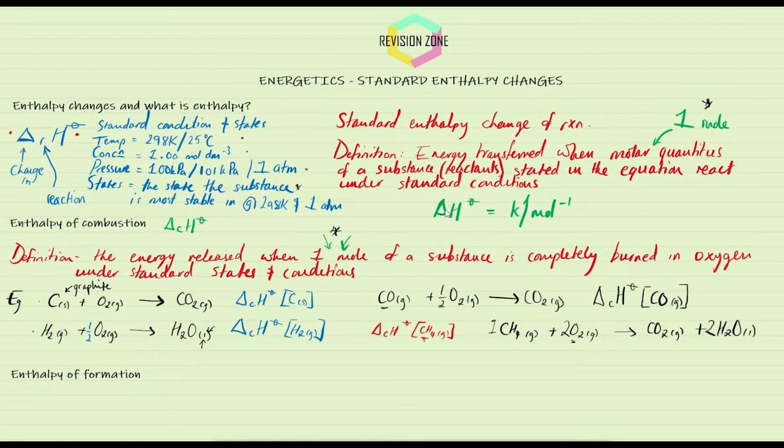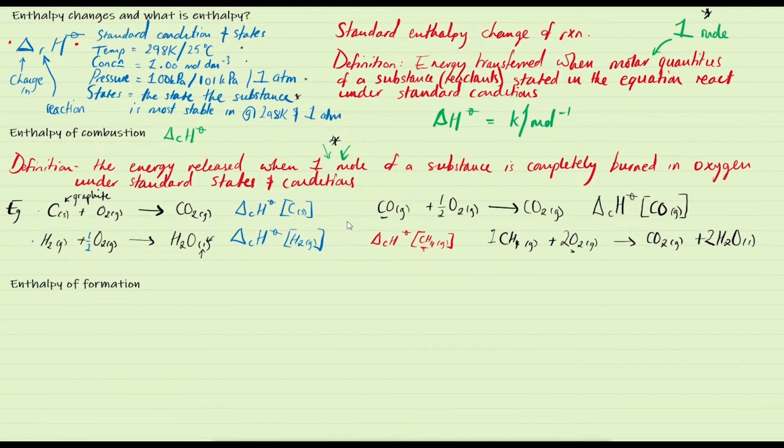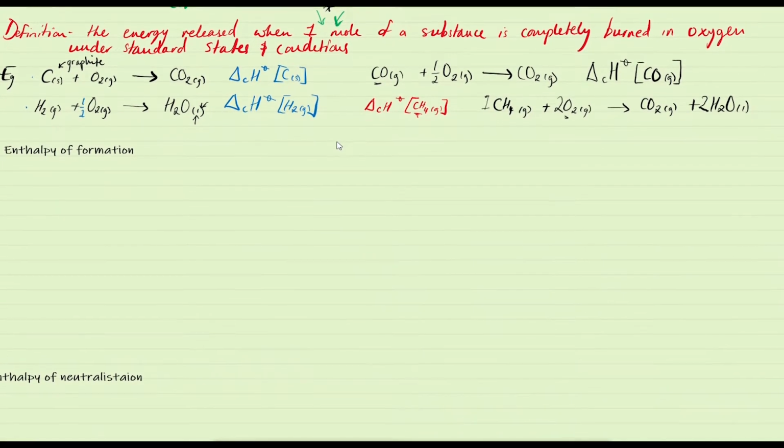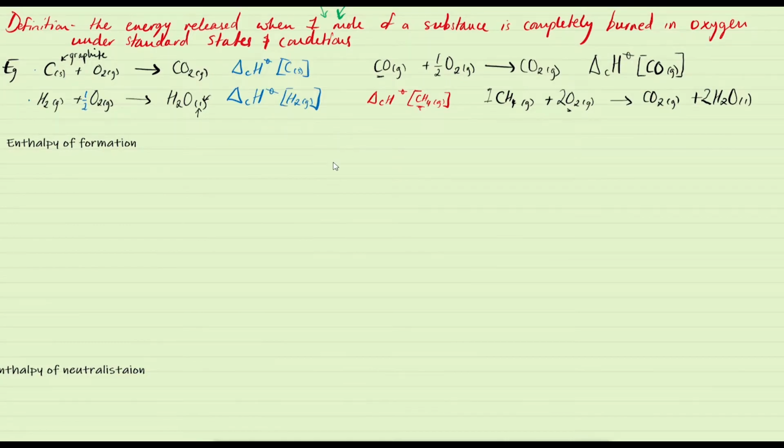We want to now look at formation. So enthalpy of formation can also be written as delta H, or delta F, I should say, H. You can put delta HF as well.